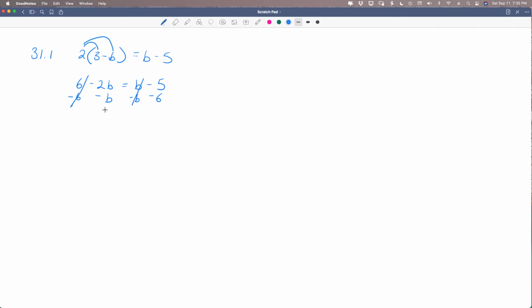Remember you have a 1 in front of your variable whenever there's not one there. So negative 2 and negative 1 is negative 3b equals negative 5, and negative 6 is going to be negative 11. So now we're going to divide both sides by negative 3. b is equal to 11 over 3.